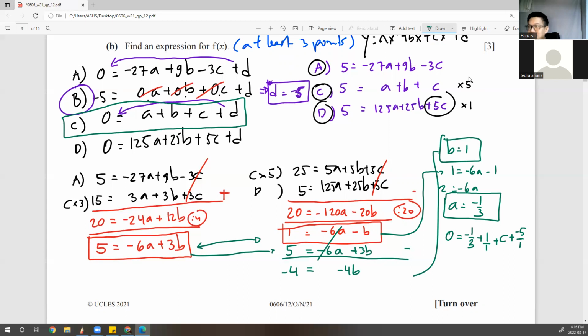I just substitute the numbers that we get for a, b, d. So this will be what we are substituting: a plus b plus c unknown plus d, right?